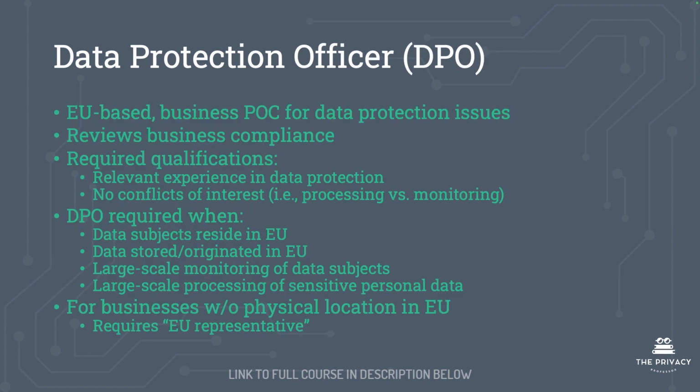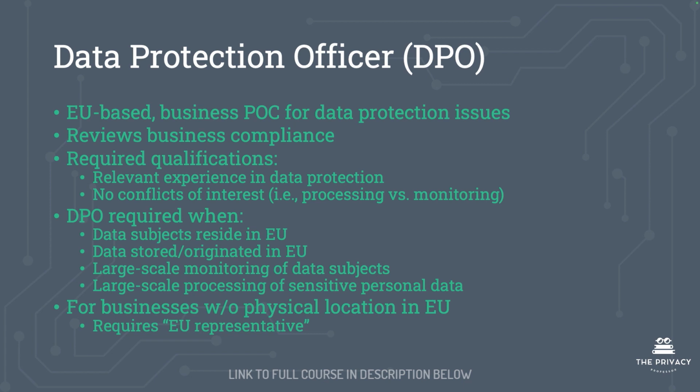Now that we know about data protection authorities, we can talk about data protection officers. DPOs are EU-based business points of contact, which I've abbreviated here as POC for point of contact, for data protection issues. They review business compliance. DPOs have 2 required qualifications that we need to know for the CIPP US.